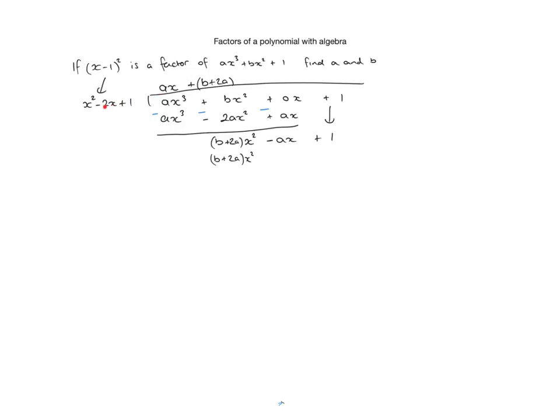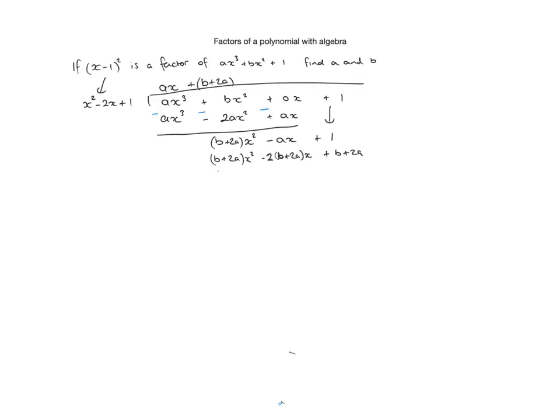All you have to do here, guys, is keep this bracket and put this in front of it, so this is minus 2 lots of b plus 2a, times x. And then on the last bit, 1 times b plus 2a, so this is plus b plus 2a.